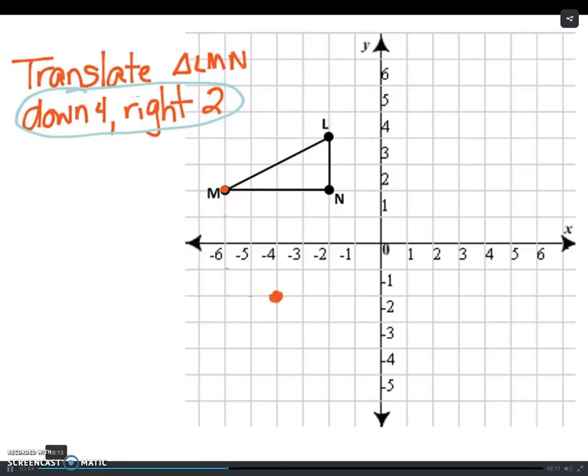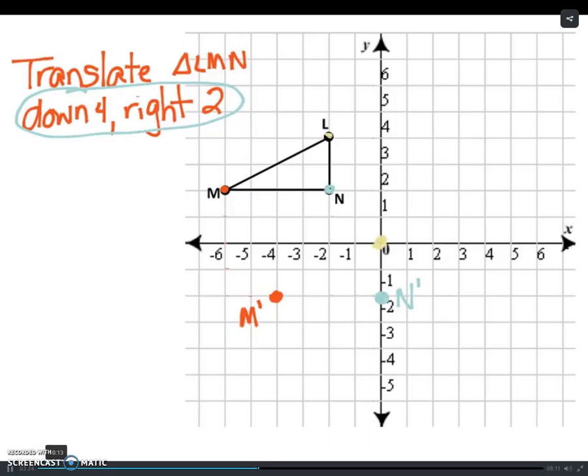And so the original was M, so this is going to be M prime. I do the same thing with each of my other coordinates. So N, and I would move it down 1, 2, 3, 4, and over to the right 1, 2. And this would be my new coordinate for N. And point L, okay, move down 1, 2, 3, 4, and to the right 1, 2.